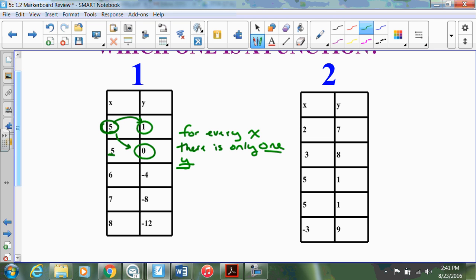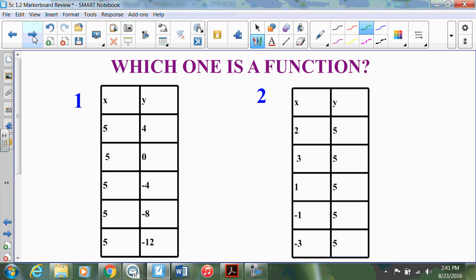So that's why this is not a function. There's nothing wrong with table 2. When x is 5, y is 1. Push 5 again, you still get out a 1. That is a function.